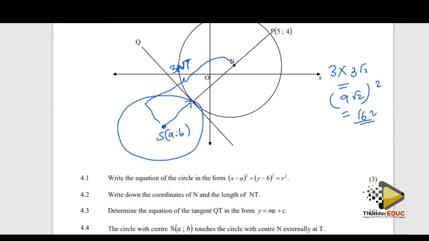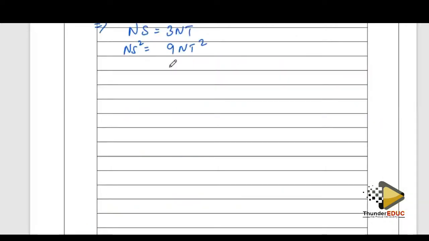So this 9NT², if we apply the distance formula, it's going to be (a − 2)² + (b − 1)² must give us the 162.